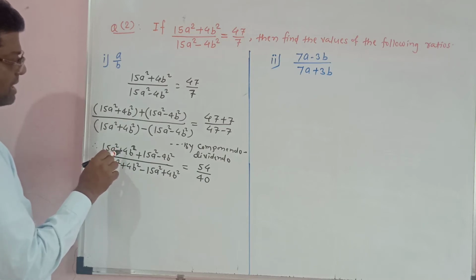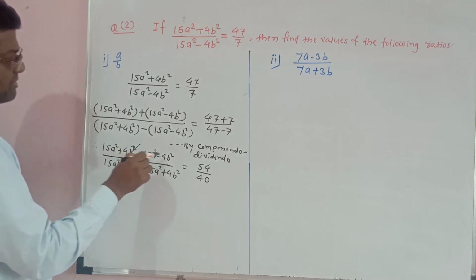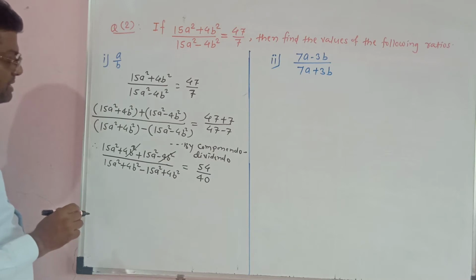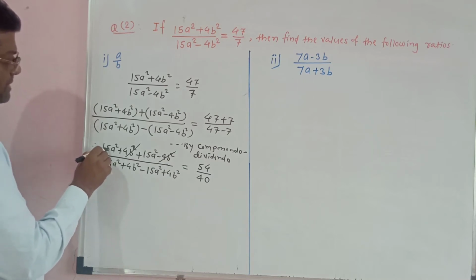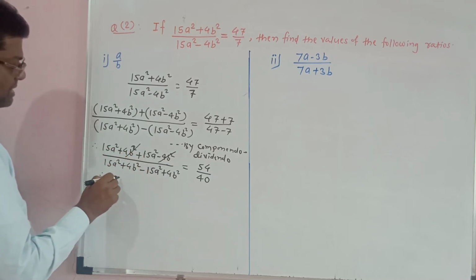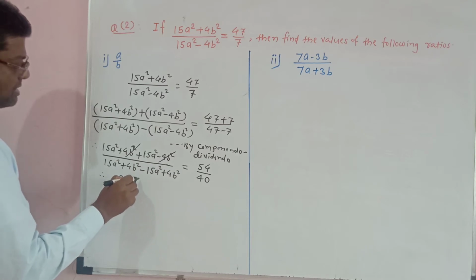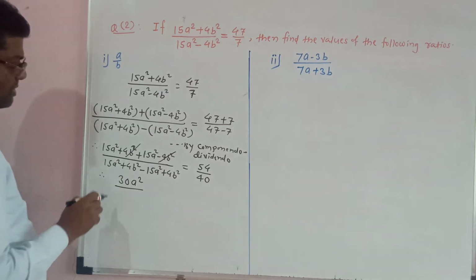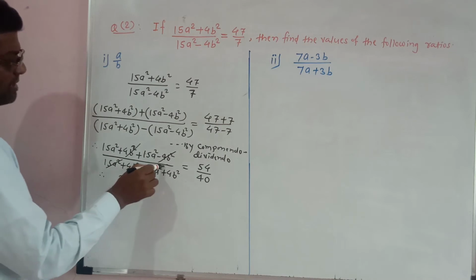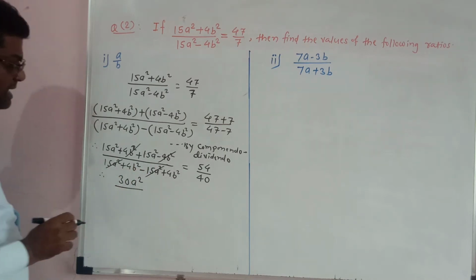Therefore now this 4b square and this minus 4b square will get cancelled. 15a square plus 15a square will be 30a square upon this 15a square and minus 15a square will get cancelled.